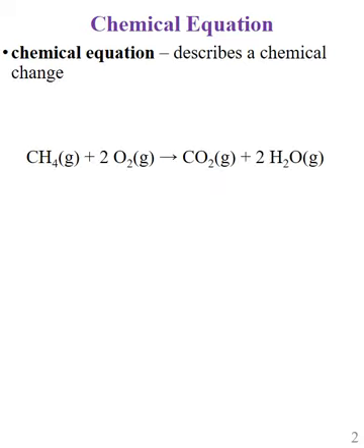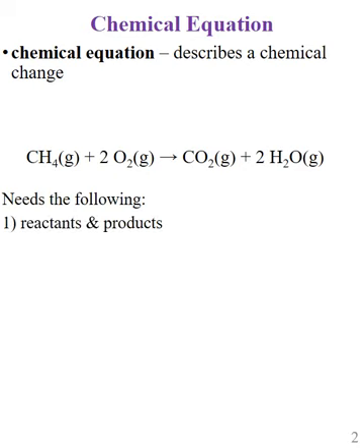Chemical equations. A chemical equation describes a chemical change. It needs the following in order for a successful chemical equation to be written. First, you need your reactants and products. Where are the reactants located in this equation? It is on the left side.